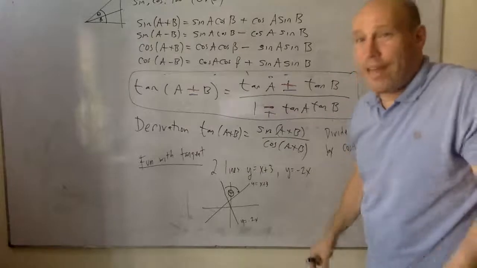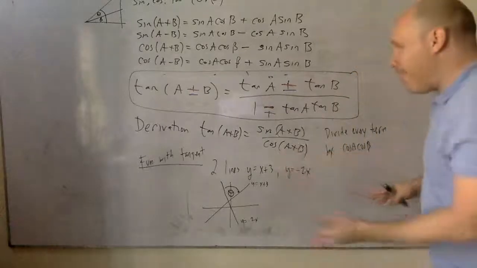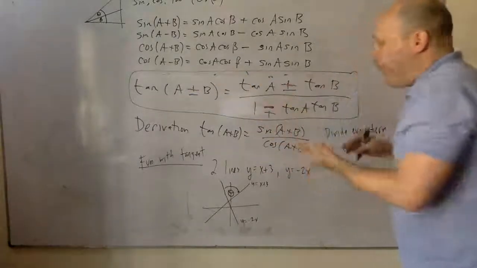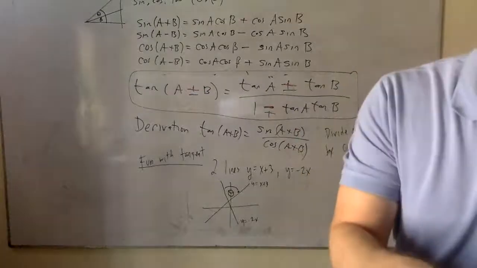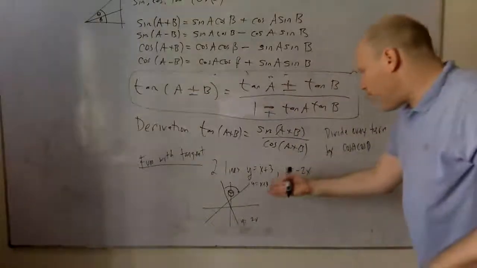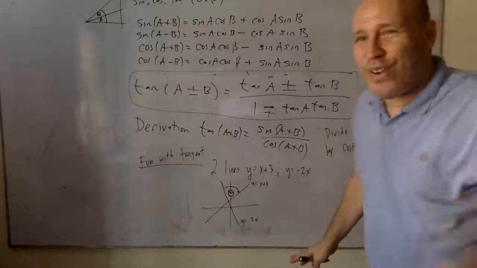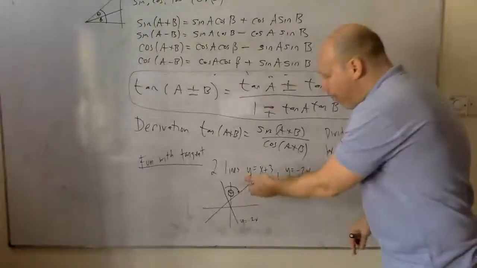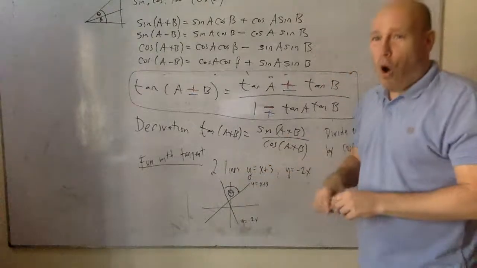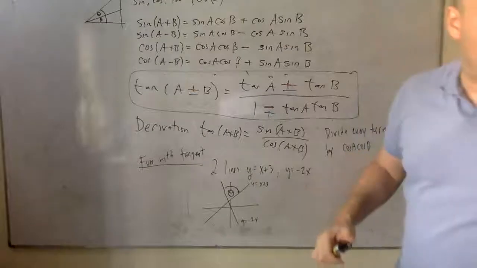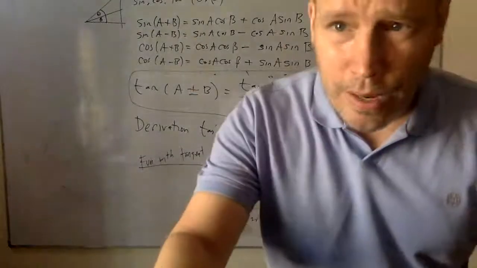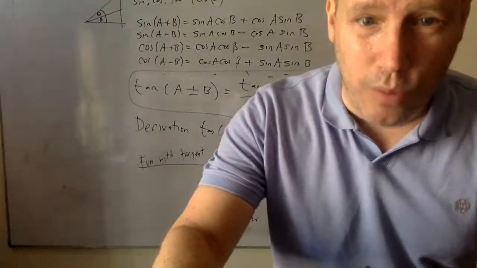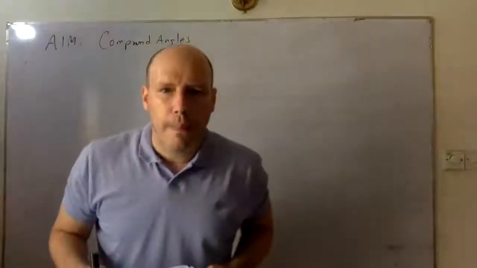Who's ever asked you that before? But now, with trigonometry and the tangent formula, we can figure this out. Before we solve this problem, maybe you want to take it outside, figure it out on your own. Before we solve it, we have to revisit arc functions. So I'm going to pause the video, and when I come back, the board will be erased.